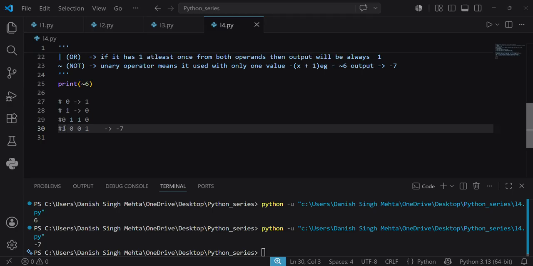And all those zeros in front are converted to 1. And there are an infinite number of 1s. So basically in binary format, 1 represents the minus sign. So that's why here 1, 0, 0, 1 means 7. And the 1 before this represents minus. This is the rule of the binary form. Okay.